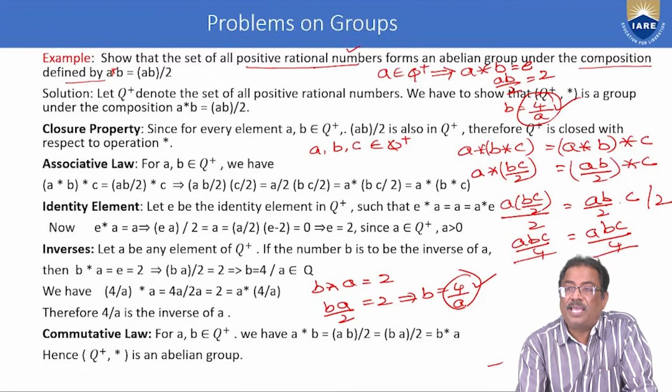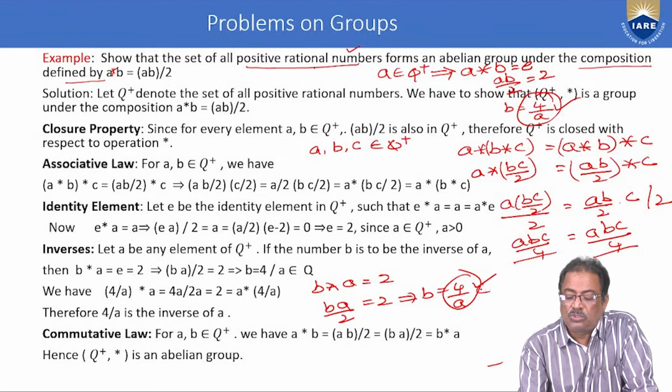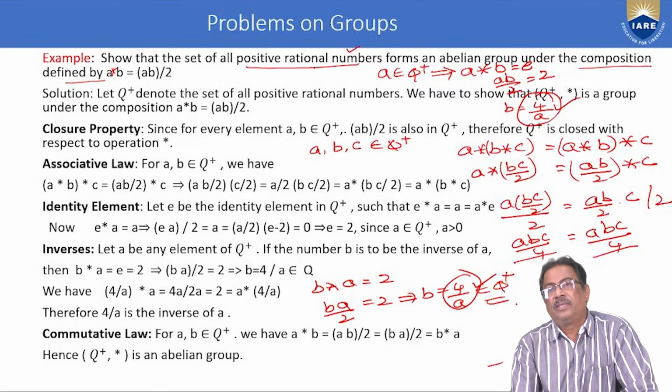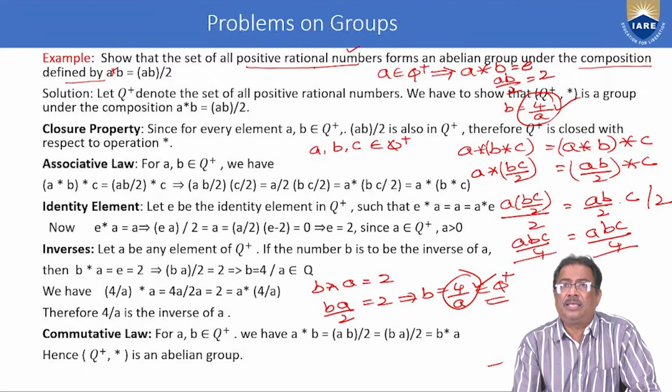So it belongs to Q plus. So each and every element will have an inverse in Q plus under the binary operation.